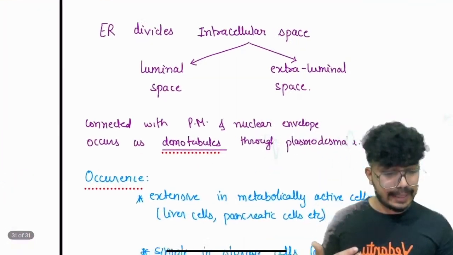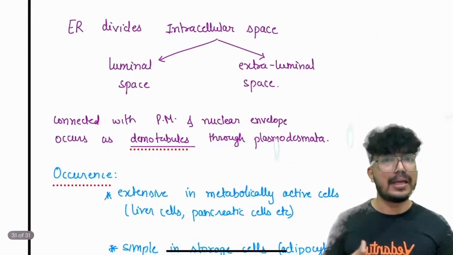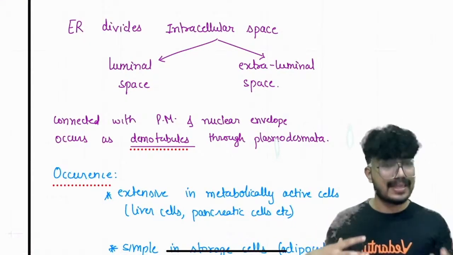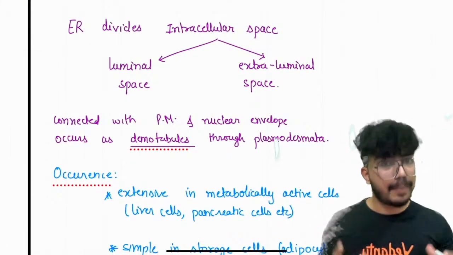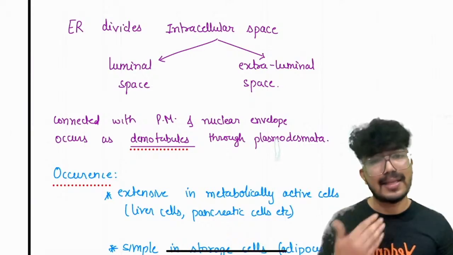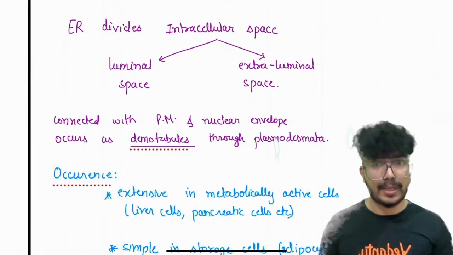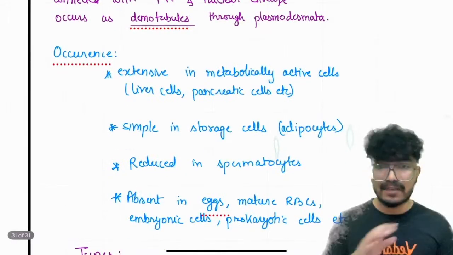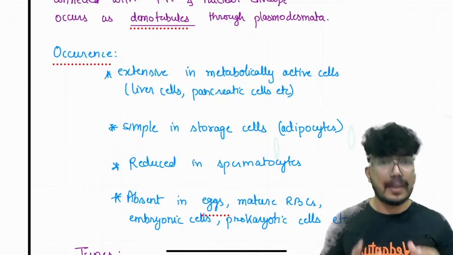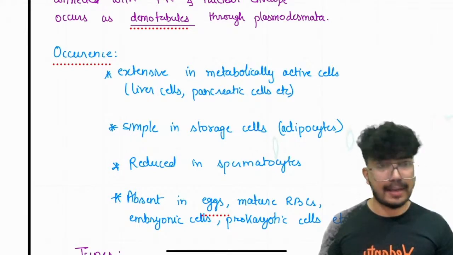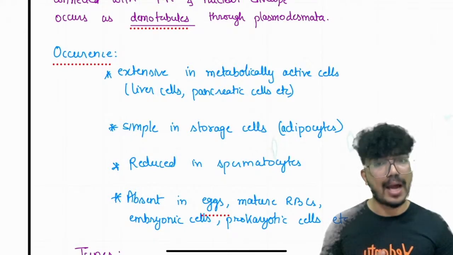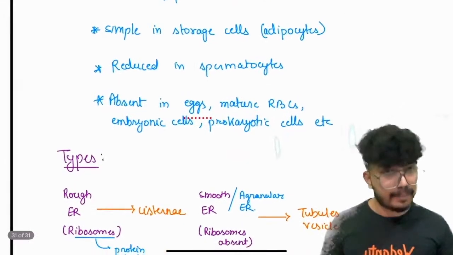The ER divides intracellular space into luminal space and extraluminal space. Connected with the plasma membrane and nuclear envelope, it occurs in the form of desmotubules through the plasmodesmata. As for occurrence: extensive in metabolically active cells, simple in storage cells, reduced in spermatocytes, and absent in eggs, mature RBC, embryonic cells, and prokaryotic cells.